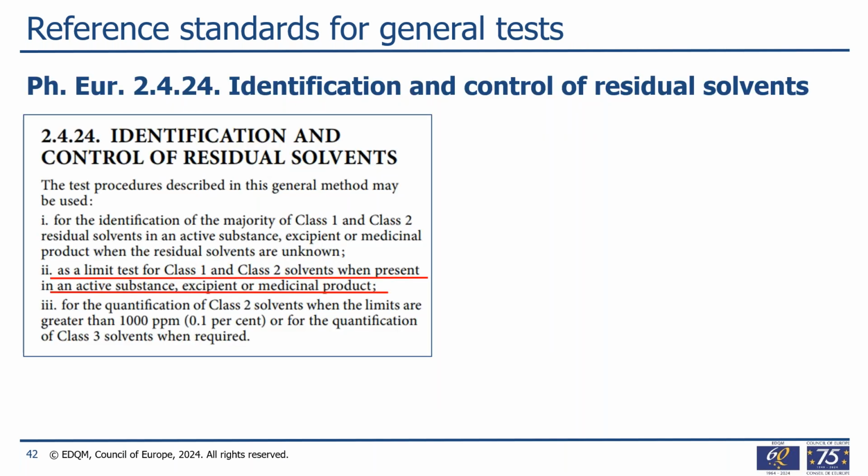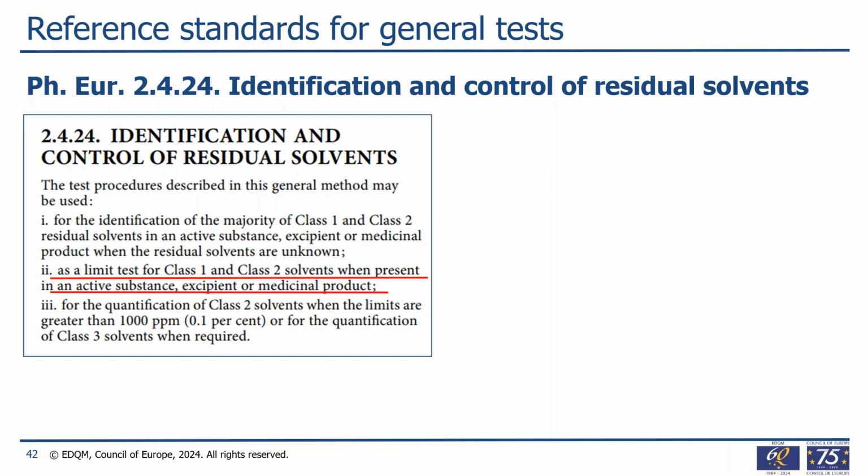Starting, the first examples concern CRS that are used in limit tests. The method described in the chapter for residual solvents can be used as a limit test for class 1 and class 2 residual solvents. In this procedure, a reference solution is to be prepared using the class 1 residual solvent CRS, which contains ppm level of these solvents.